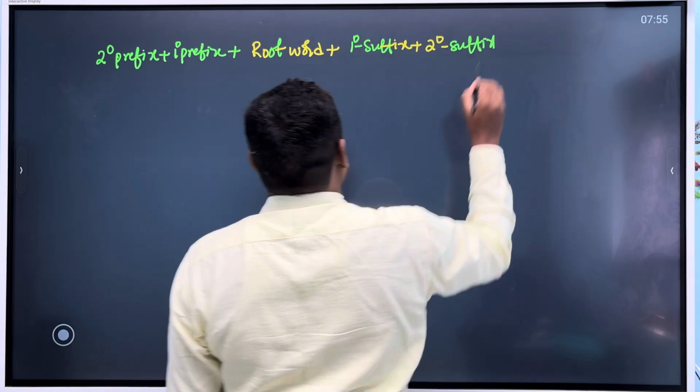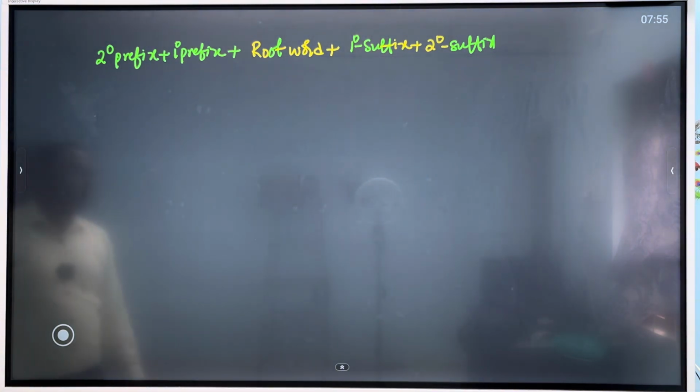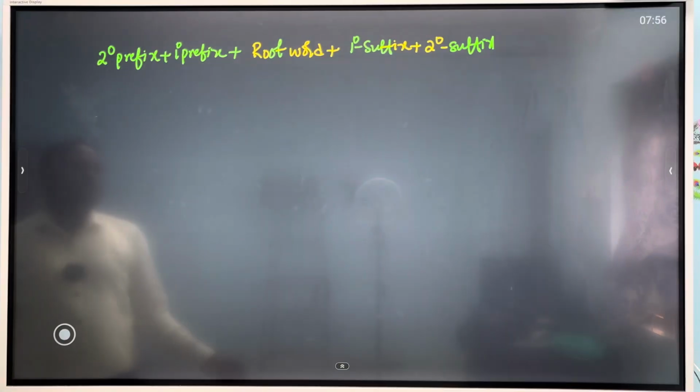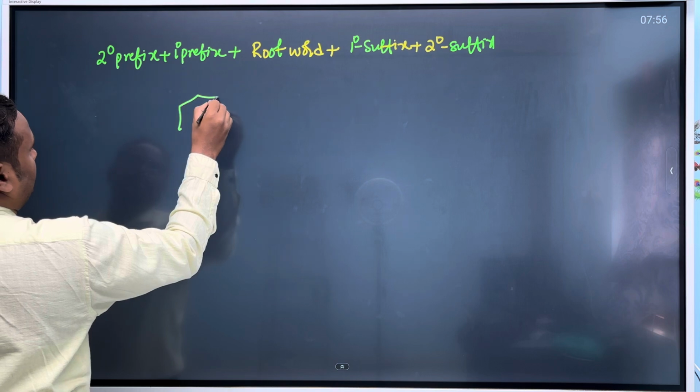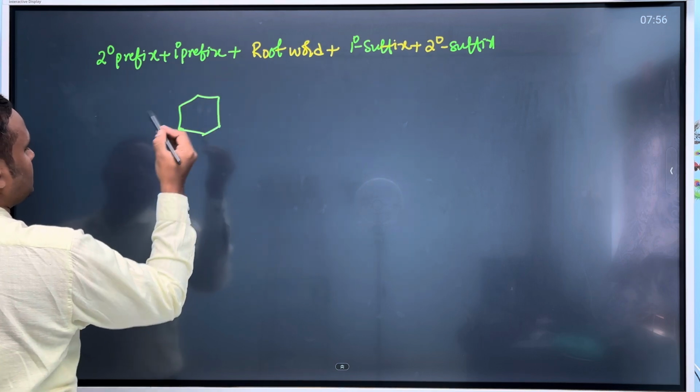Okay, so this is the total basic structure of IUPAC. Now let us take one example to include all this.